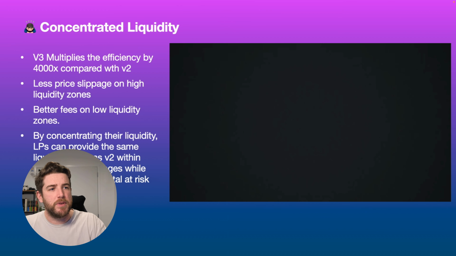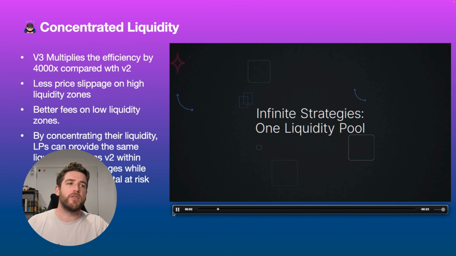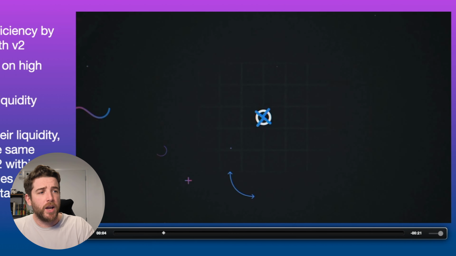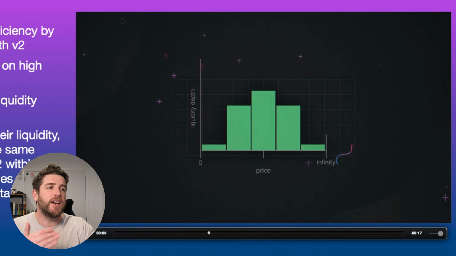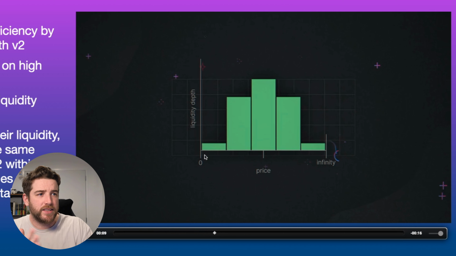This can be explained with this video again, where we can see the price range, and here you can see on the y-axis the liquidity depth, and on the x-axis the price, which goes from 0 to infinity. And this price here should be like the market price, and you can see how the depth of the liquidity distributes along the different prices.